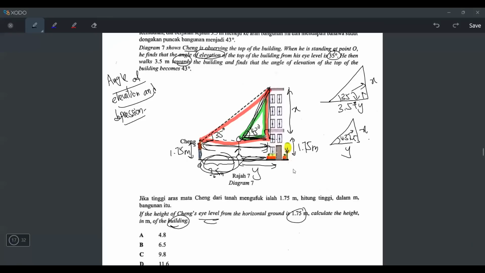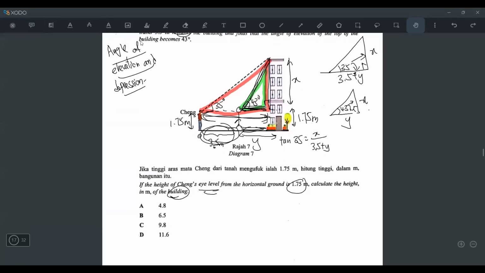So I write tangent 35 equals opposite X over adjacent 3.5 plus Y. And then tangent 43 equals opposite over adjacent, which is X over Y.